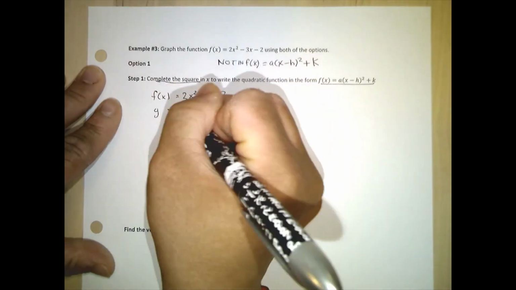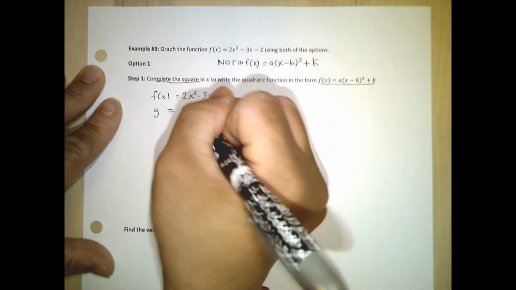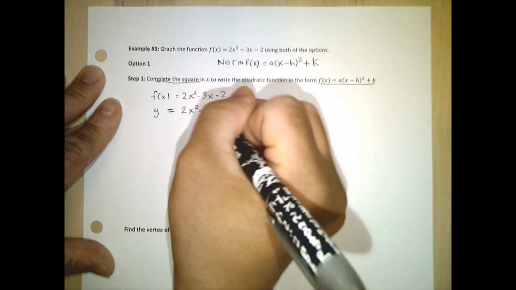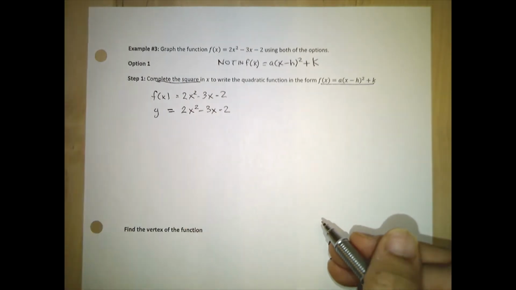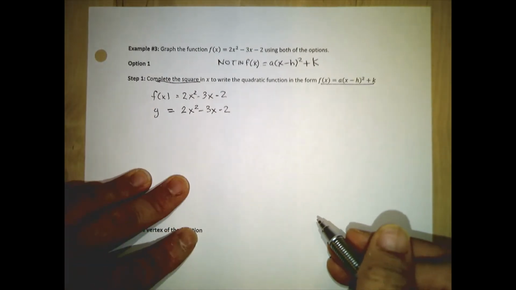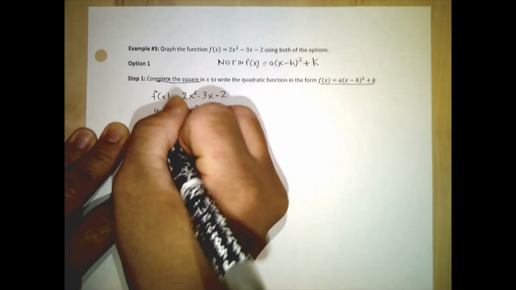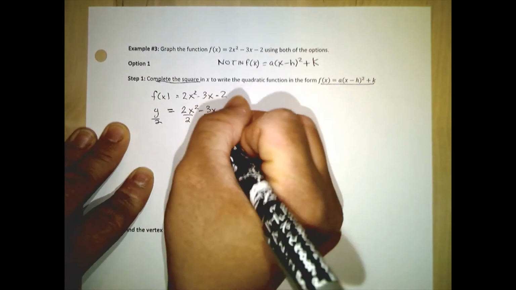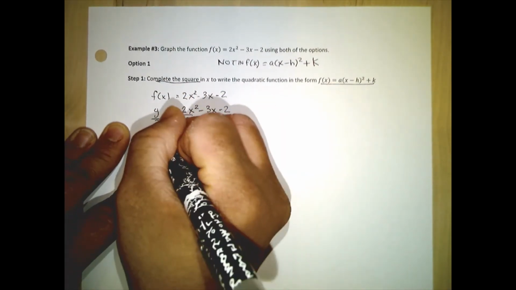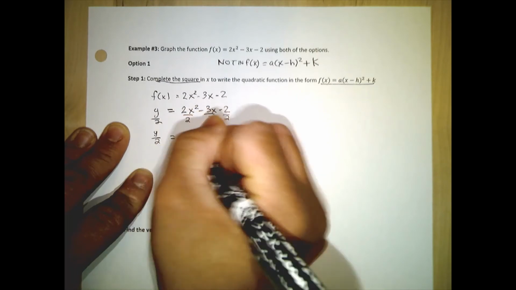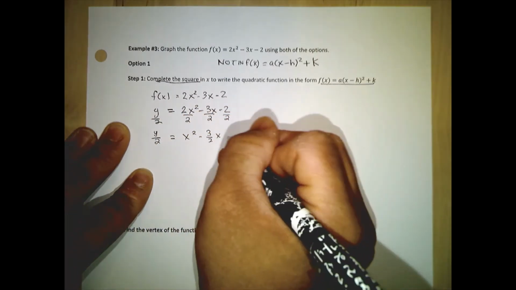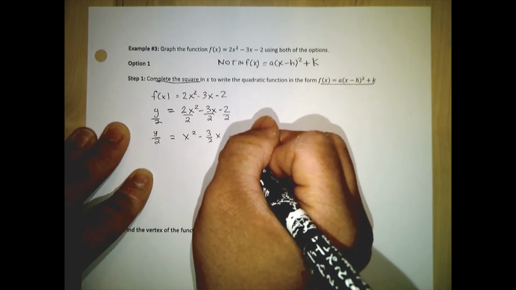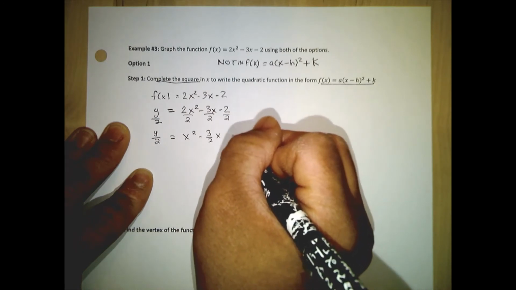Another way to write that is y = 2(x^2 - 3x - 2). And I will actually go ahead and divide the coefficient of the x squared out. So I have y/2 = x^2 - (3/2)x - 1.